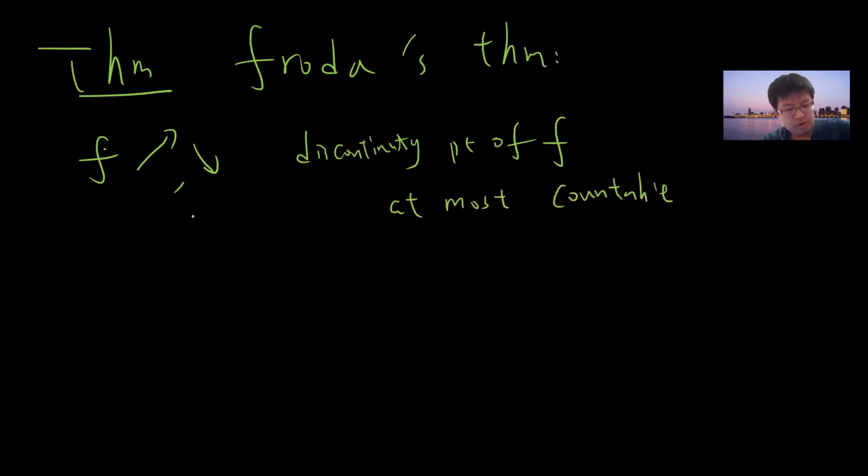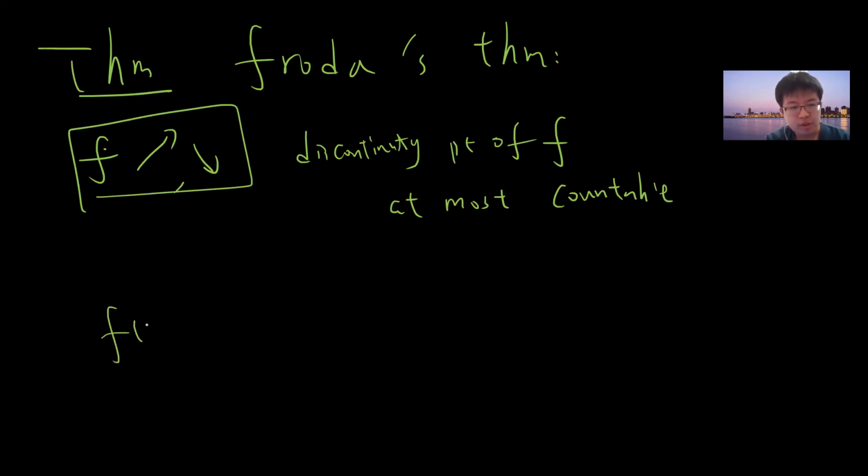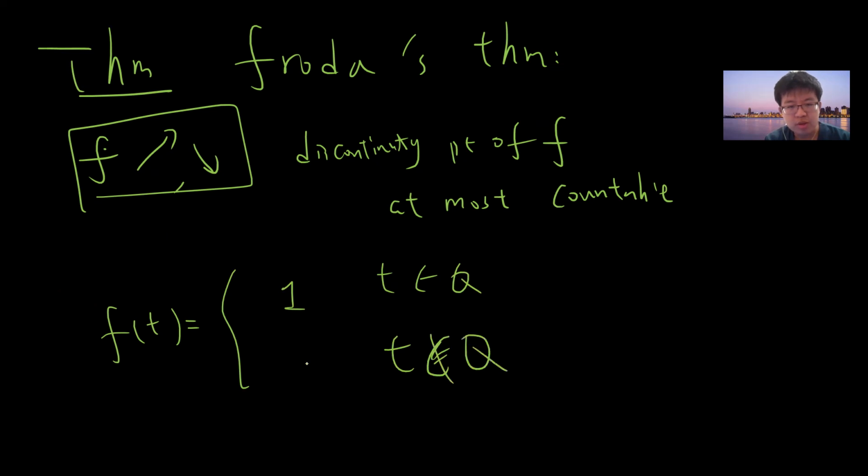Let me give an example showing that increasing or decreasing is very important. Otherwise, I can have a function f(t) such that if t is rational it is 1, and if t is not rational, it becomes 0. Now every rational point has infinitely many irrational points approaching it, so there is no point on the reals where it is continuous.